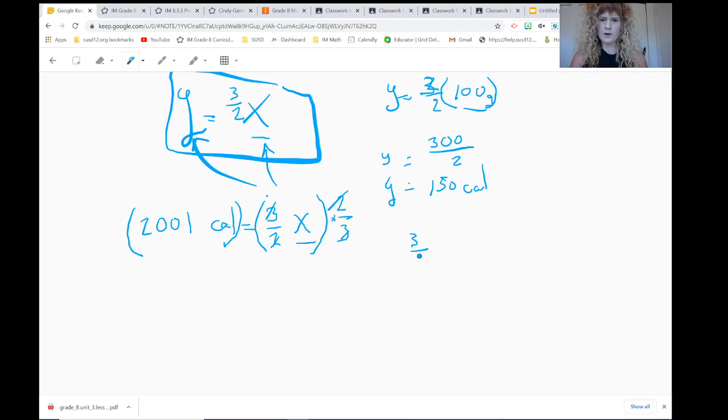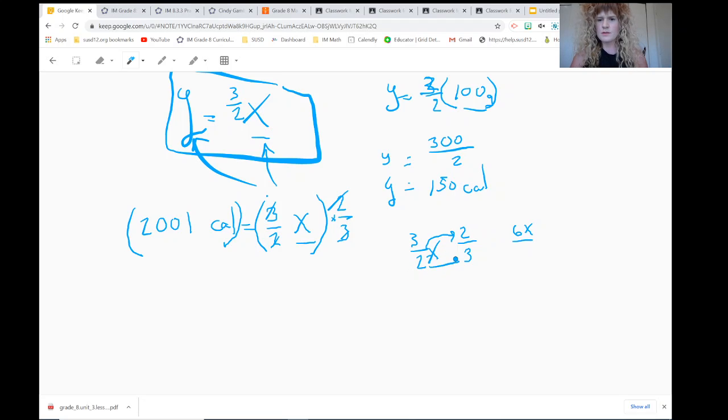Let me show you. Okay, 3 over 2 x. And now I'm going to multiply by 2 over 3. If I rewrote that, 3 times 2 is 6, and 3 times x times 2 is 6x.